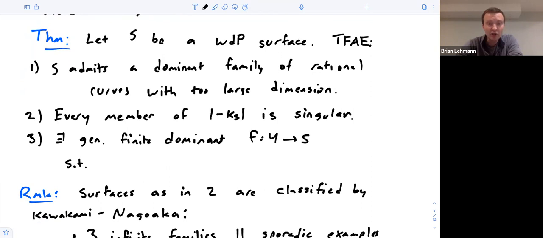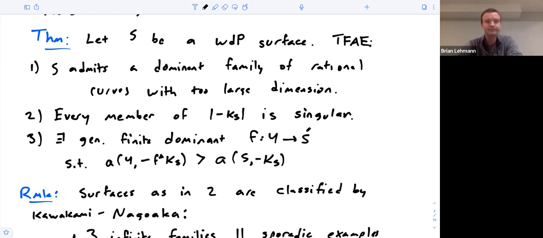It says that there exists a generically finite dominant morphism F from Y to S such that the Fujita invariant of Y with respect to the pullback of the canonical divisor is strictly larger than the Fujita invariant of our surface S. So we can view this as a confirmation of the principles of geometric Manin's conjecture for weak Del Pezzo surfaces. This pathology is controlled in some sense by this Fujita invariant comparison.